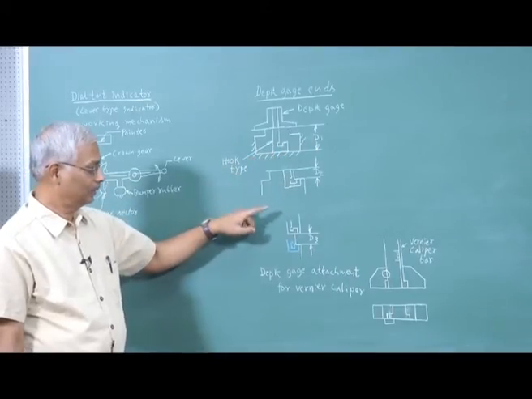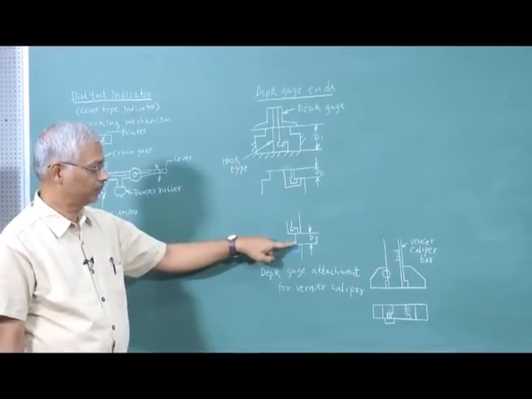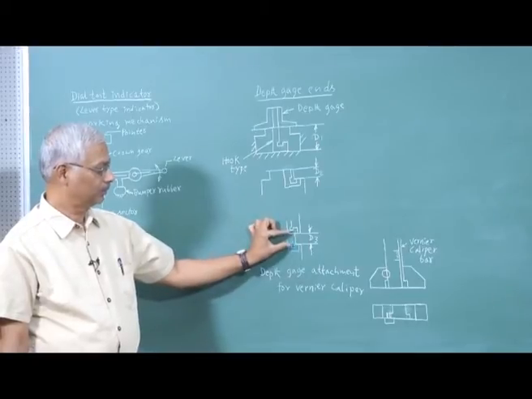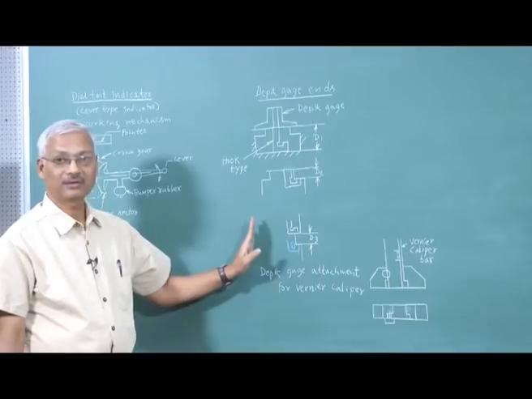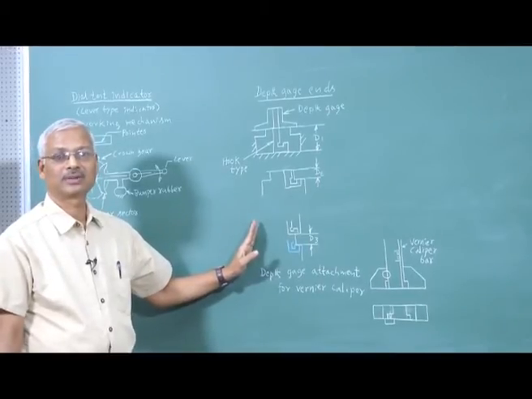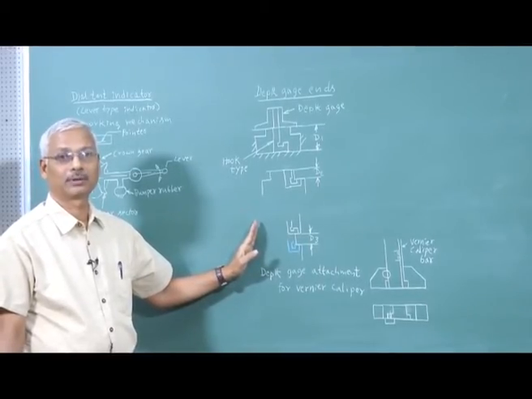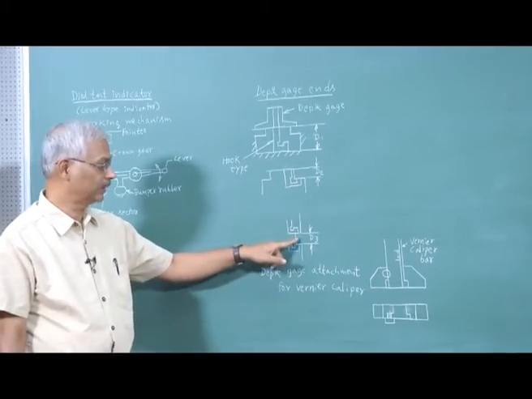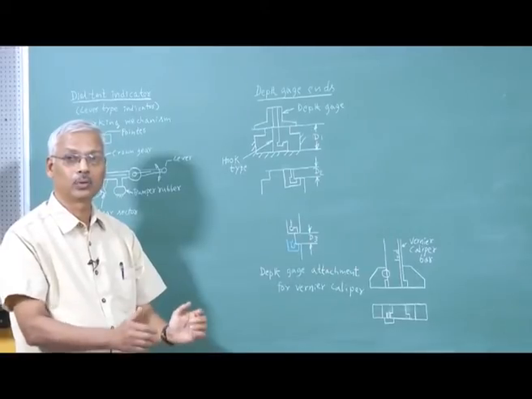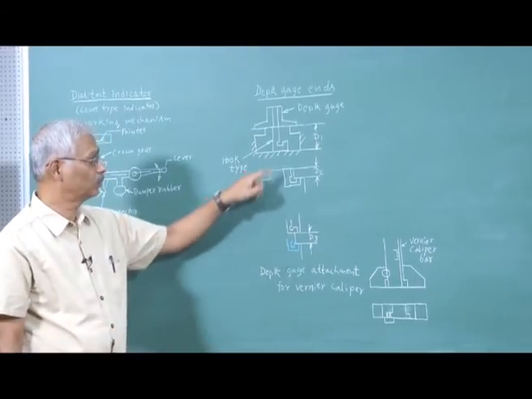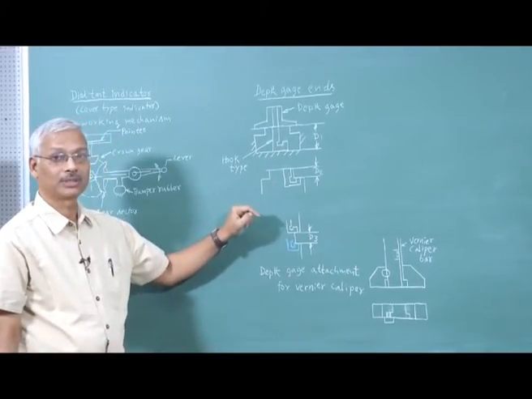And sometimes we will be having a projection in the workpiece like this. I want to get this dimension D3. If it is outside surface, we can use other instruments like vernier caliper or micrometer, but now this is inside. This projection is inside a deep hole. So, in such cases this hook end will be of much use.